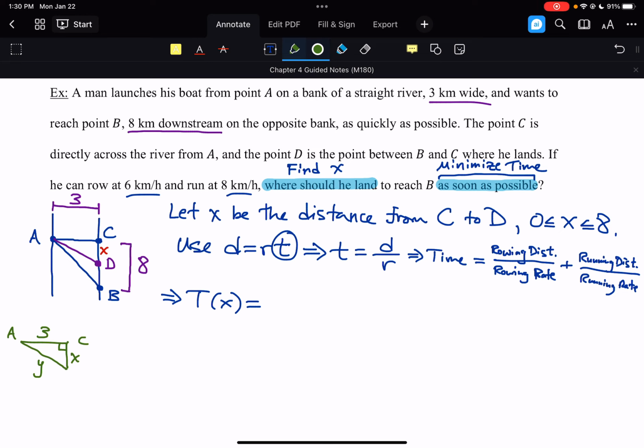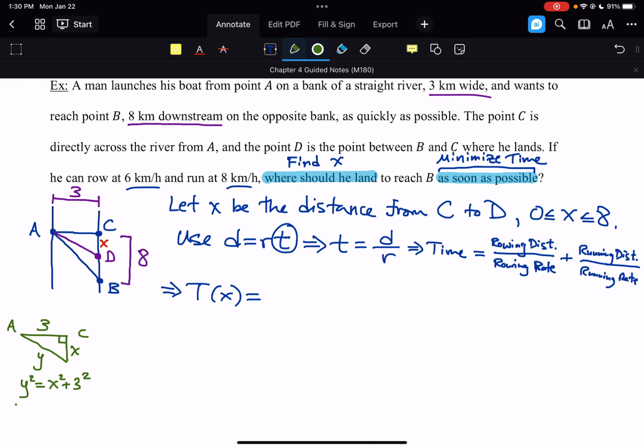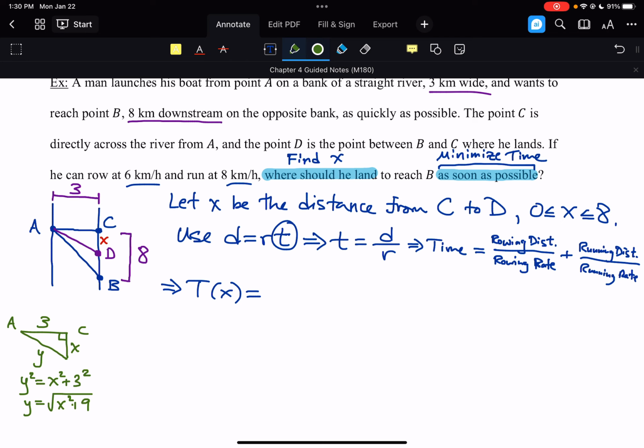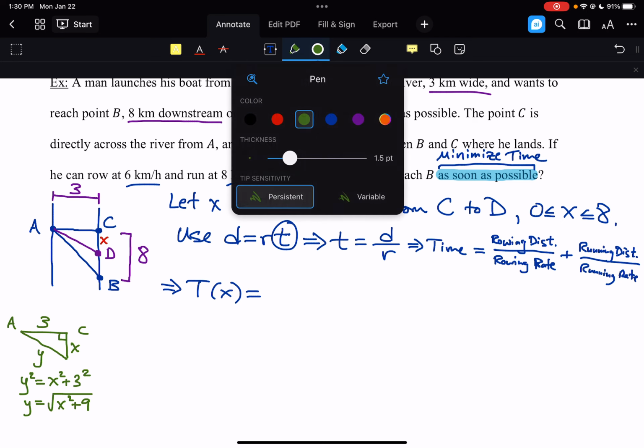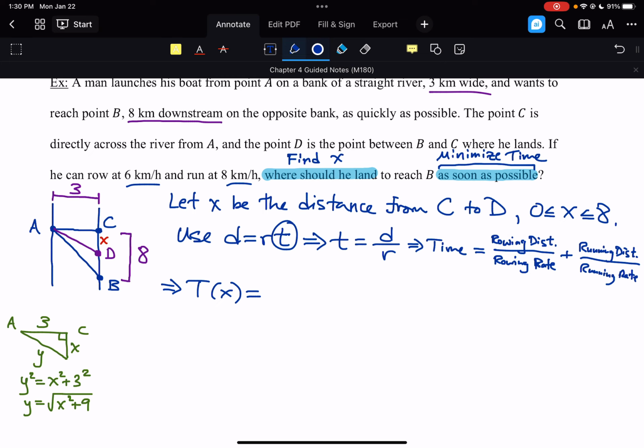So to find this side, we would use the Pythagorean theorem, right? So y squared equals x squared plus 3 squared. So y is the square root of x squared plus 9. So we'll go ahead and put that in here. So that's going to be square root of x squared plus 9 over his rowing rate, which is 6.